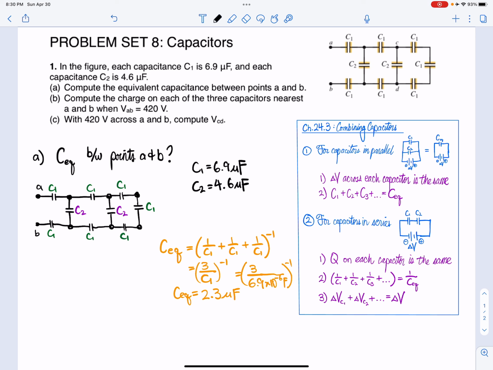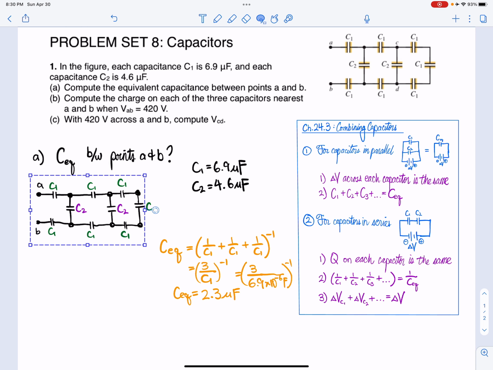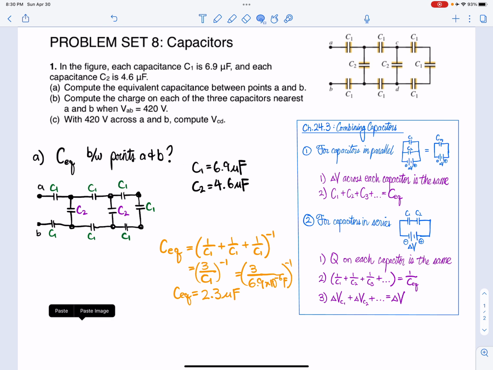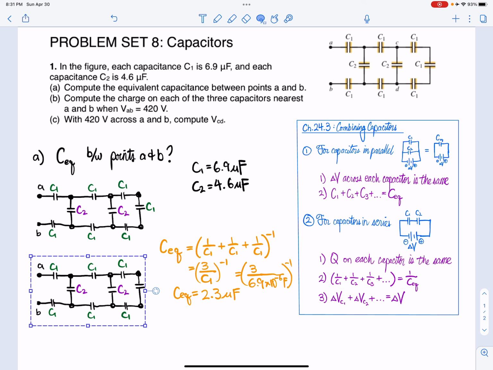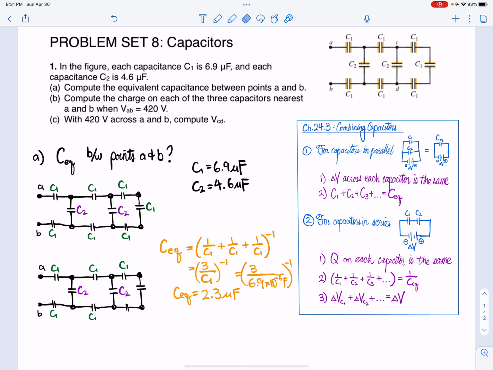Actually, I might be able to just copy and paste this so I don't waste too much time. Copy, paste. Okay, and then I'm going to erase this and erase that.